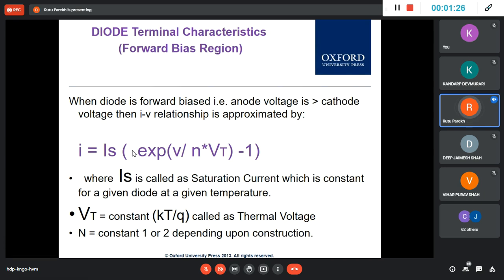So when voltage is the concern, and we are working at high voltages, and to get a crude kind of analysis, we do use this ideal diode model, right?